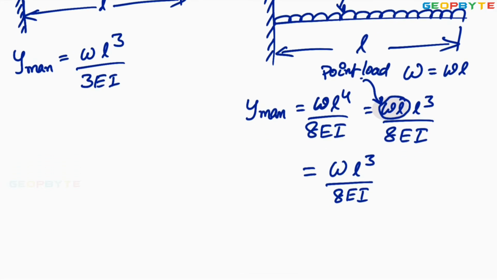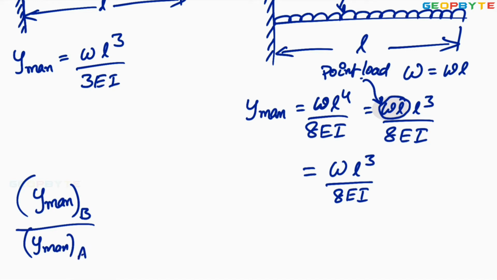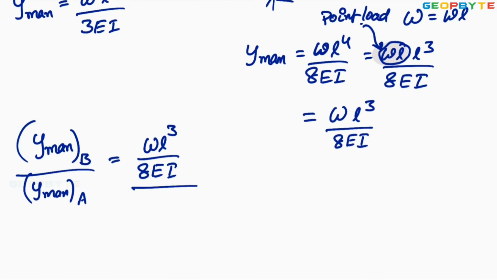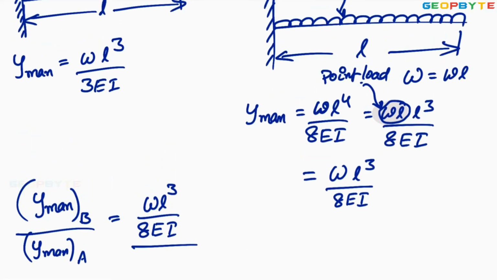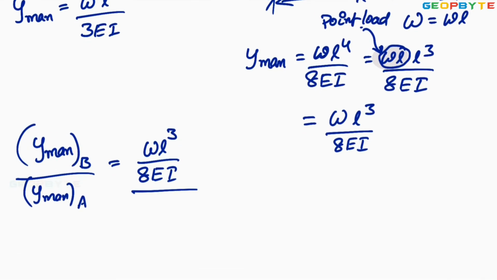Anyhow, you're asked to find the maximum deflection in case B by maximum deflection in case A. Maximum deflection in case B is WL cube by 8EI divided by the maximum deflection in case A, WL cube by 3EI.